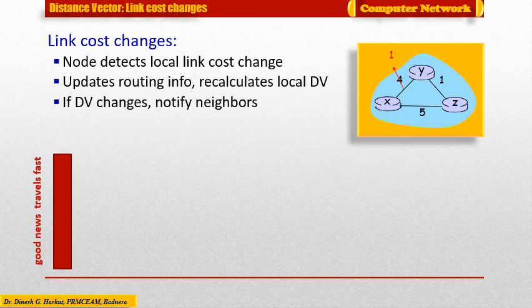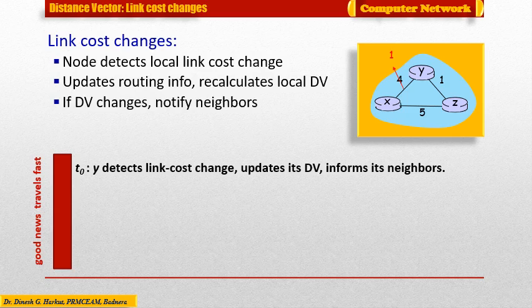Here the given figure illustrates a scenario wherein the link cost from Y to X changes from 4 to 1. Here we focus only on Y and Z's distance table entry to destination X. The distance vector algorithm causes the following sequence of events to occur.